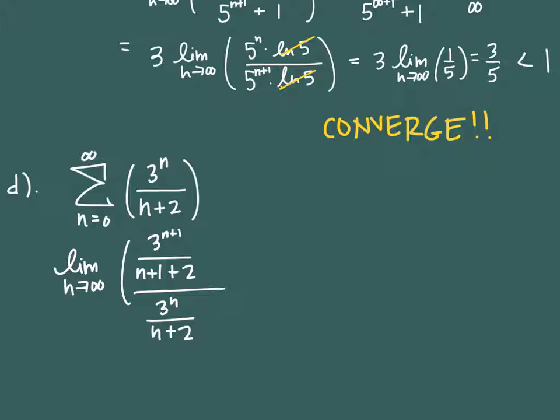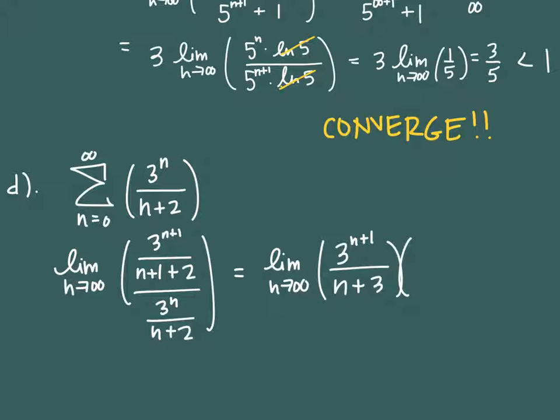So again, you have that situation where it's awkward to write it like that. So it's easier to multiply it by the reciprocal. So 3 to the n plus 1 over n plus 3 times the reciprocal of n plus 2 over 3 to the n.